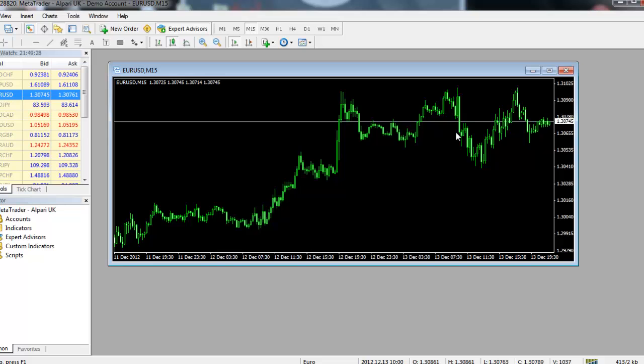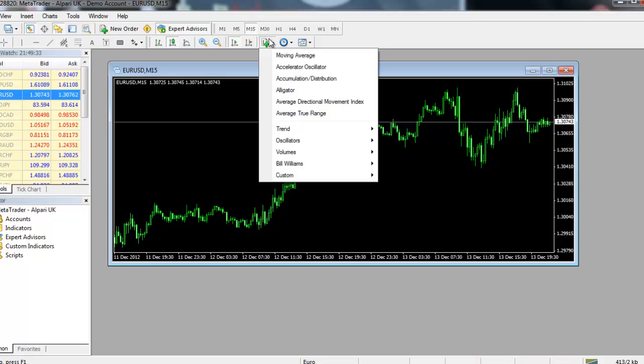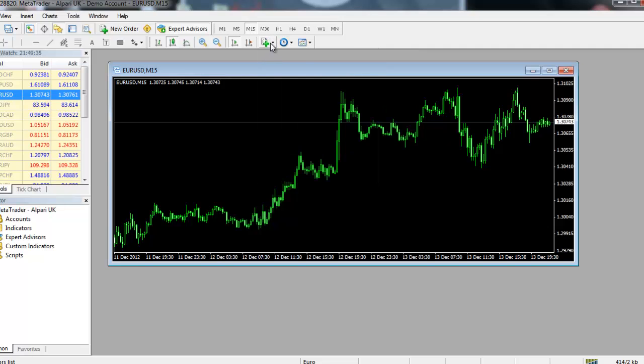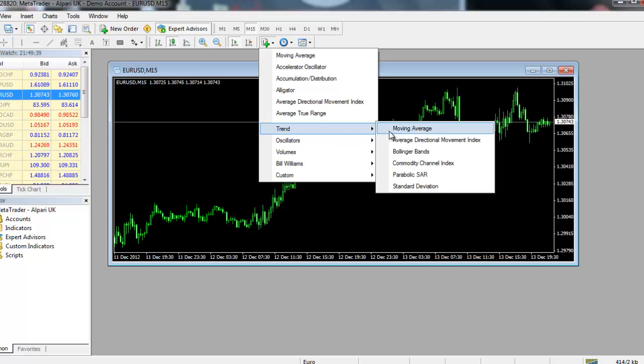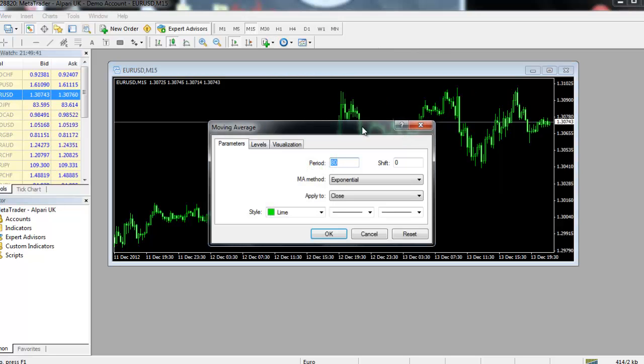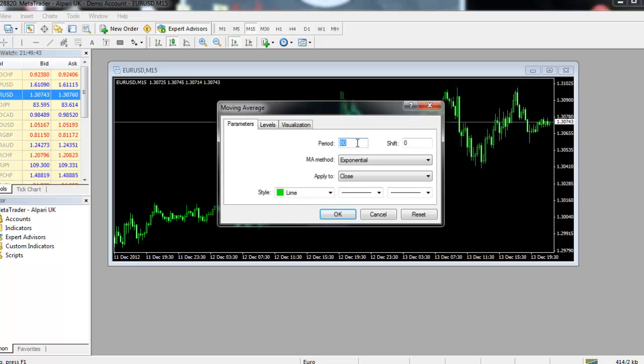Okay, so in order to set up the first part of this strategy, you need to put on a moving average, which you can do by going to indicators here, go to trend, and then moving average. That's going to pop up this prompt, and for this strategy I use the 80 period moving average, so put in 80 into the period. Shift is 0.